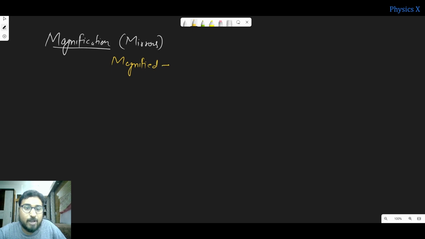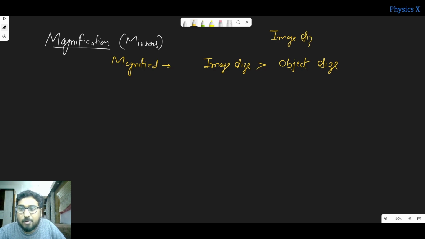You will call it the magnified case when image size is greater than object size, right? Now I told that we represent the image size as h dash, and the object size as h.